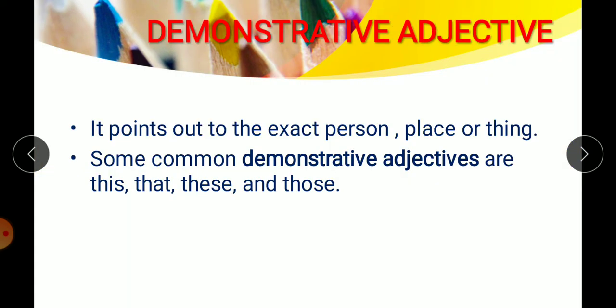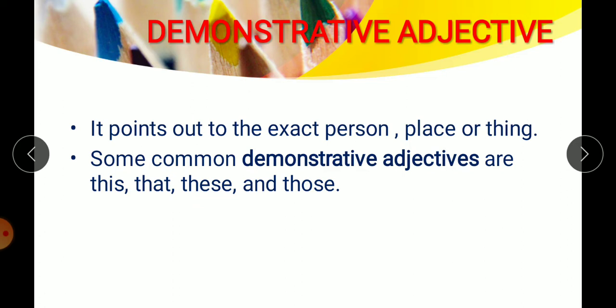So if we start with demonstrative adjective, it points out the exact person, place or thing. Some common demonstrative adjectives are this, that, these, those. Now, adjectives that point out.